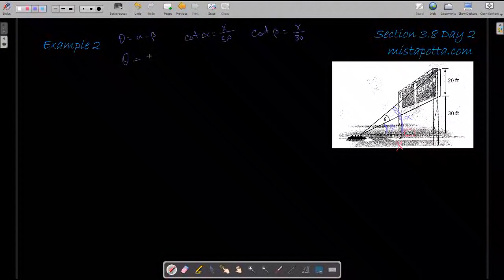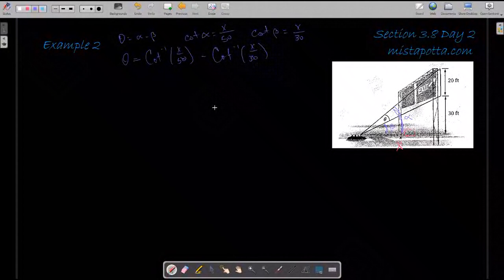So it's going to be the cotan inverse of x over 50 minus the cotan inverse of x over 30. So this is going to give me where theta is.